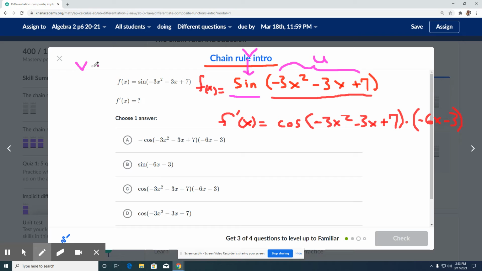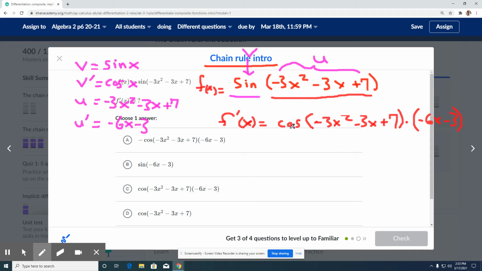So V is equal to sine of x, so V prime is equal to cosine of x. U is equal to negative 3x squared minus 3x plus 7, and then U prime is equal to negative 6x minus 3. And then you start putting those pieces together.